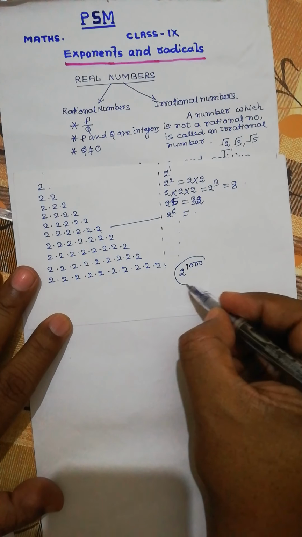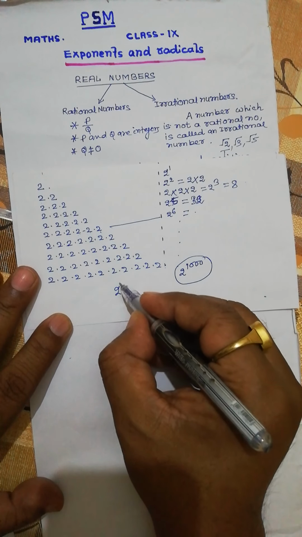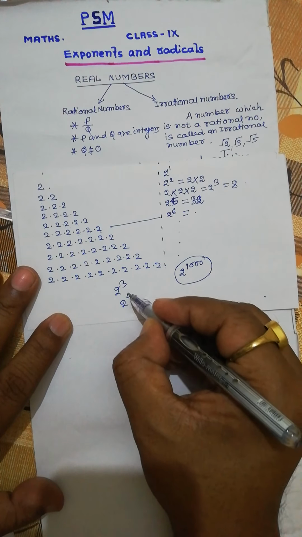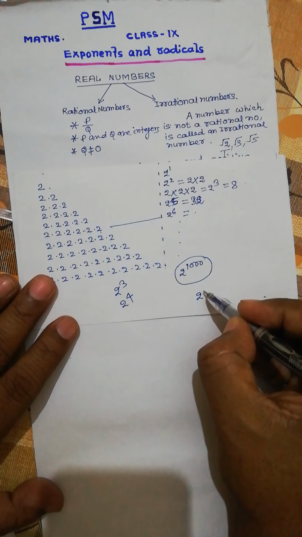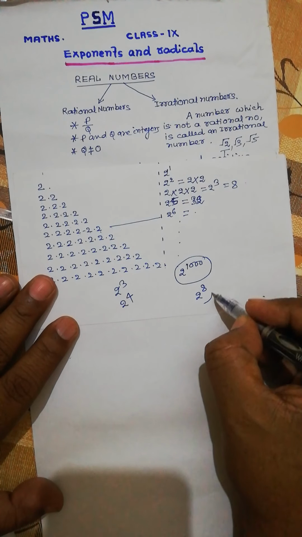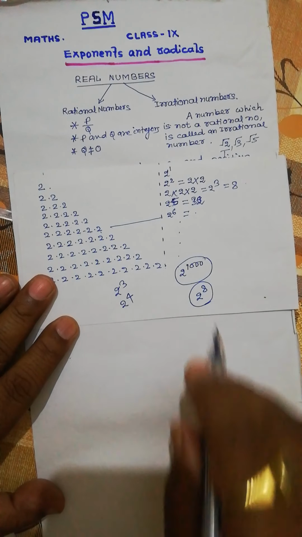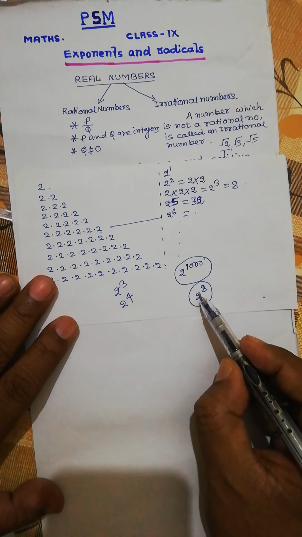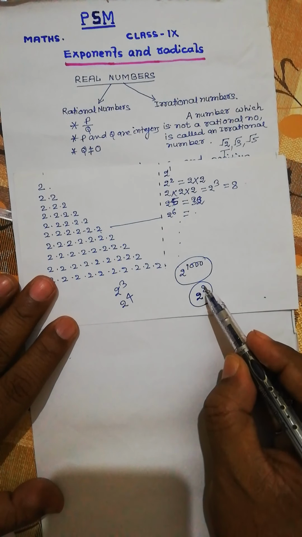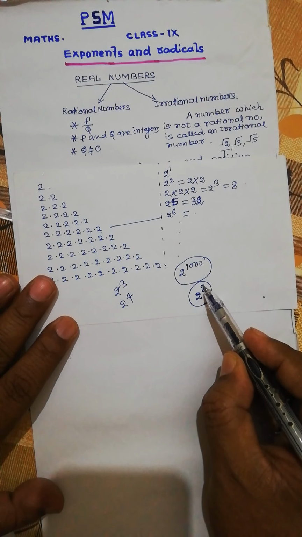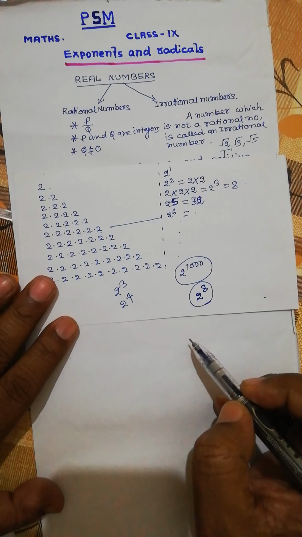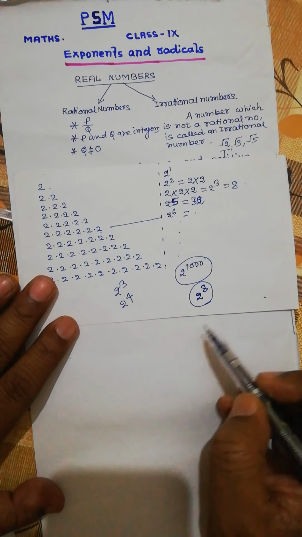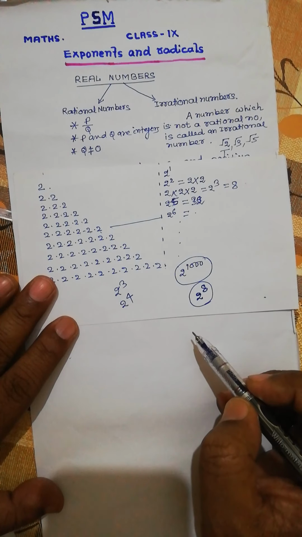So this 2 to the power 1000, this 2 cube, this 2 to the power 4, this 2 to the power 8, we are getting this type of number. And in this type of number, this 2 is base and this 8 is exponent, this 8 is index, this 8 is power.